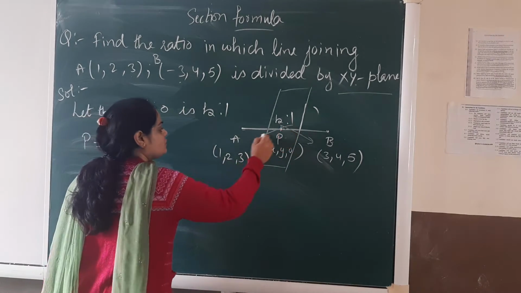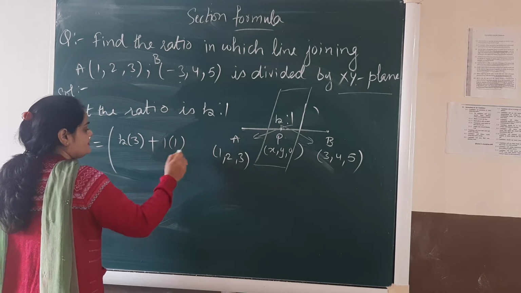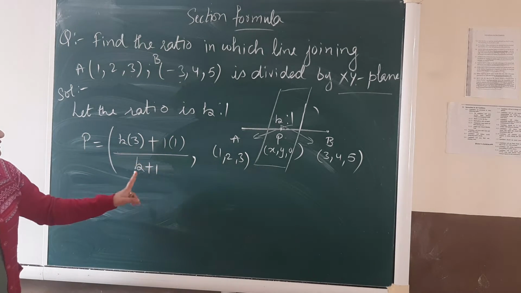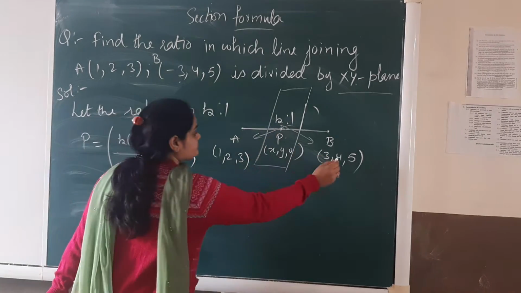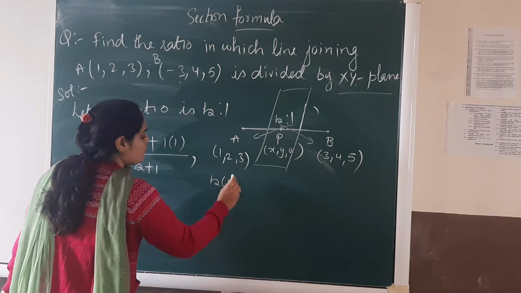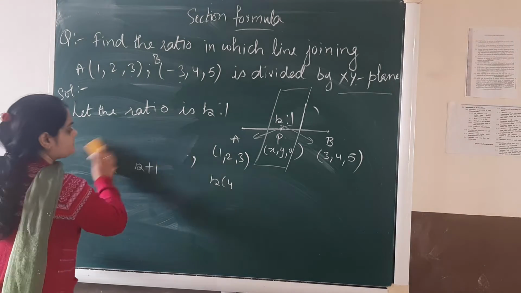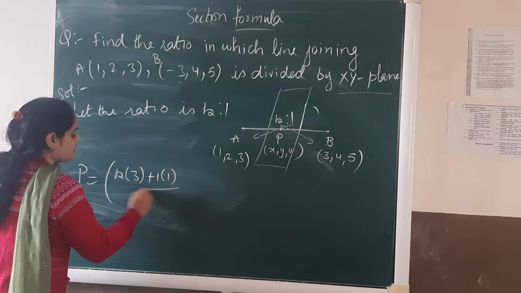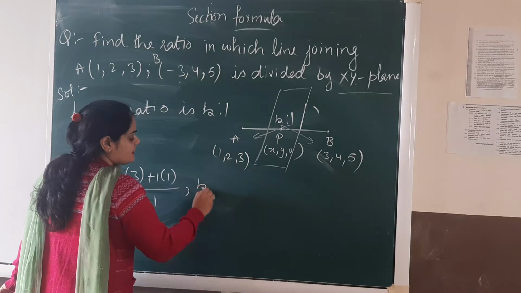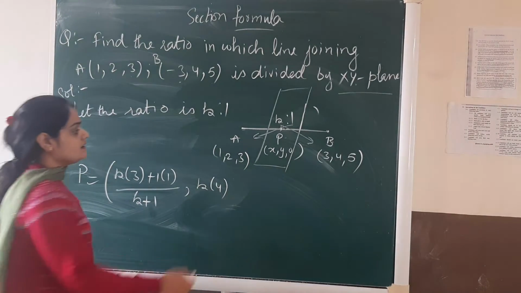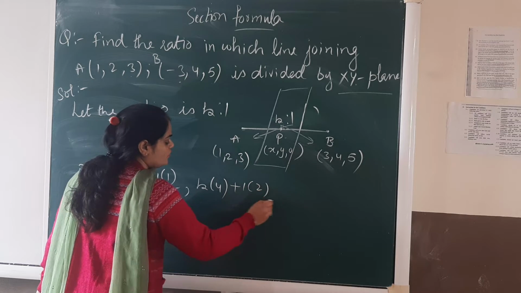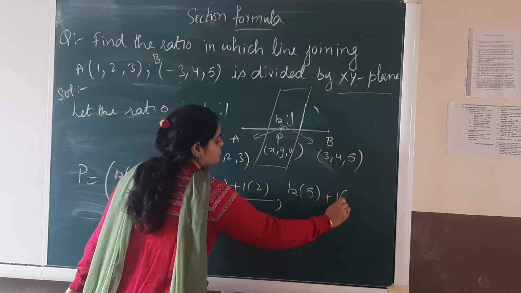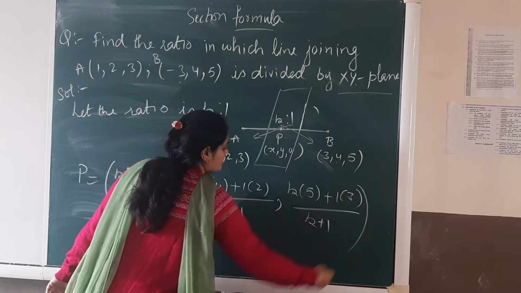Of course the section is internal, so I am applying the internal section formula: K into 3 plus 1 into 1 upon K plus 1, then K into 4 plus 1 into 2 upon K plus 1, and K into 5 plus 1 into 3 upon K plus 1.